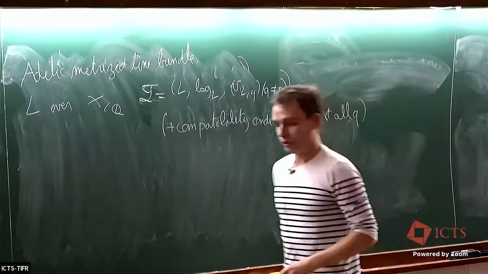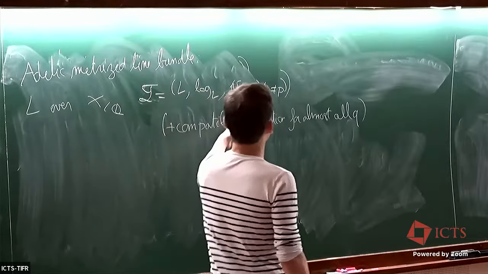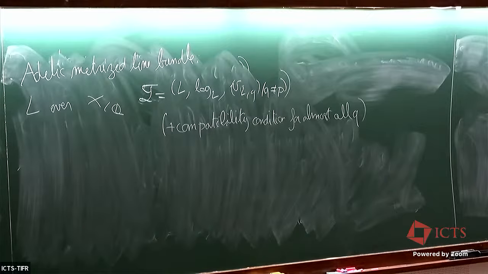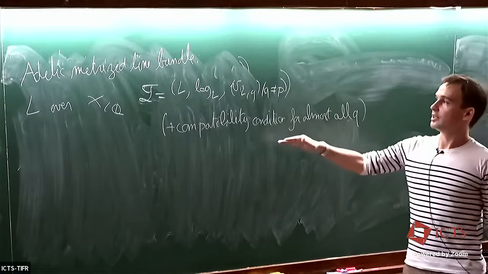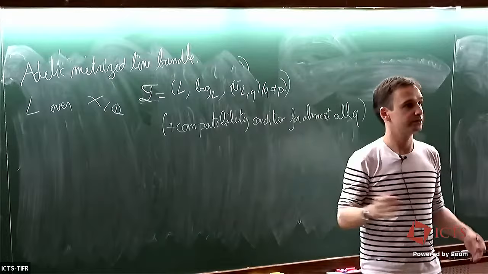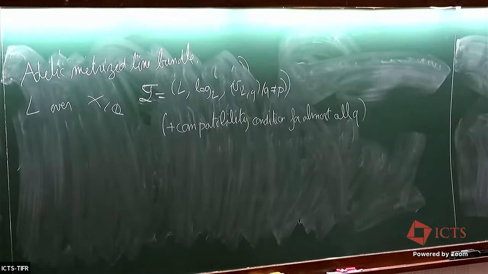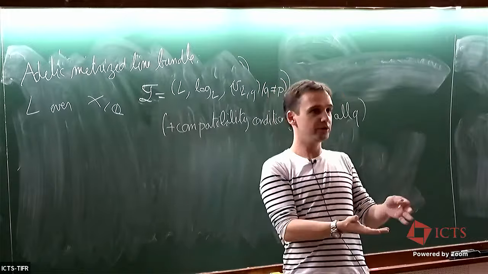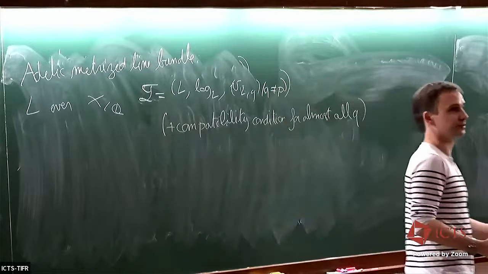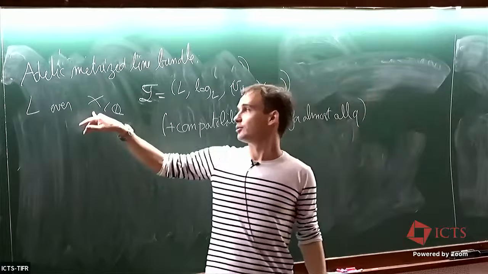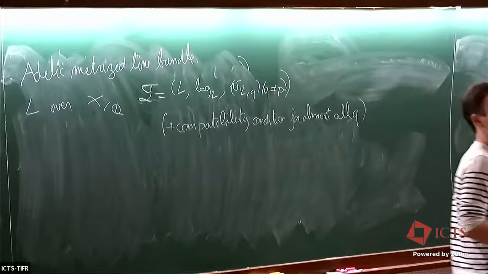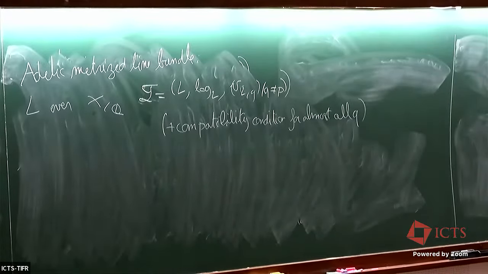Without entering too much detail, that's also very standard. Even for the usual heights, compatible means you want to say there exists a model over almost all primes, and that this model defines the v_{L,q} for those primes. Okay, and it's generally easy to build this kind of model because you might have problems with some fibers, but it's pretty easy to extend any sort of equations over X to something that will be well behaved over Z up to some denominator. But it's not very much of a problem.